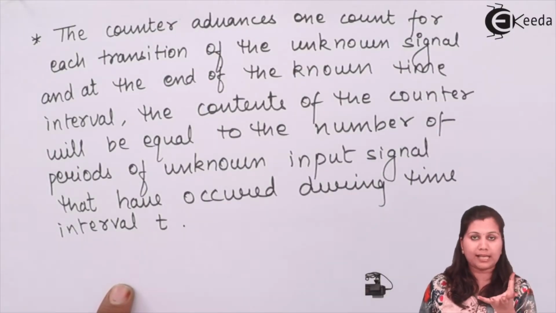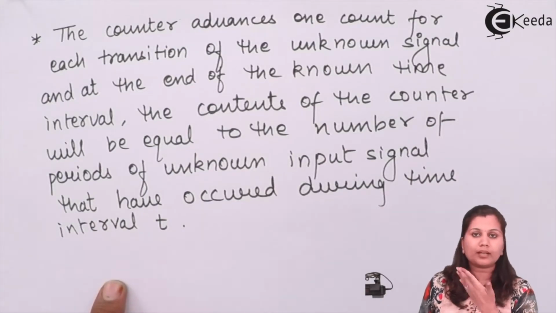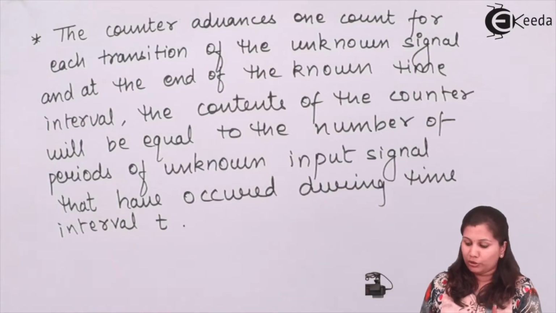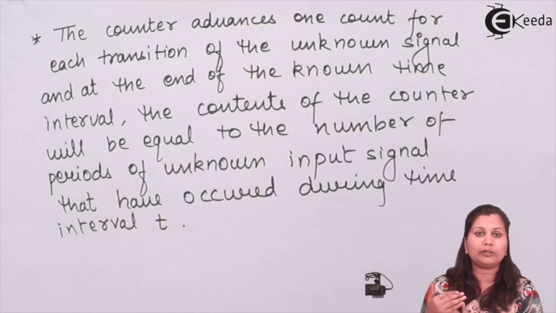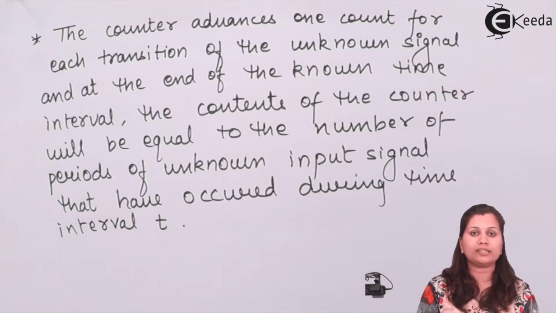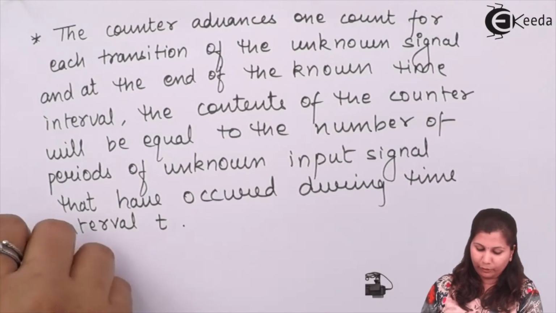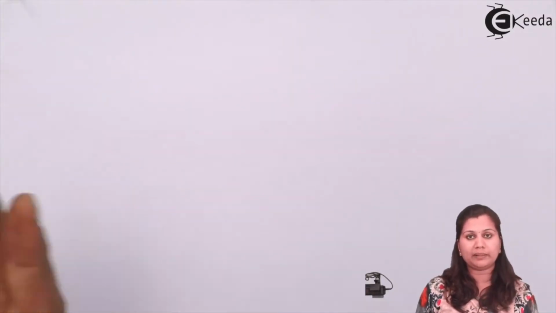The time period is 1 second, so the frequency will be 5. In this way, the value displayed on the counter will be proportional to the frequency of the input signal. So directly we can read the frequency of the unknown signal by reading the value displayed on the LCD screen.